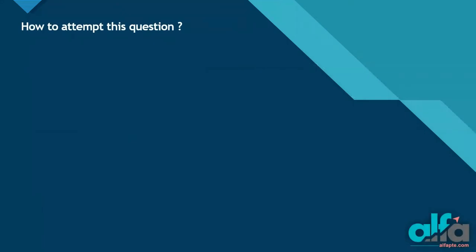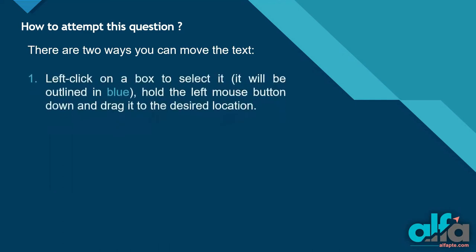Let's discuss how we can attempt this question. There are 2 ways you can move the text. So you will have a passage, you can't type it. All you have to do is drag and put it in the right order. Left click on the box and select it. It will be outlined in blue color.